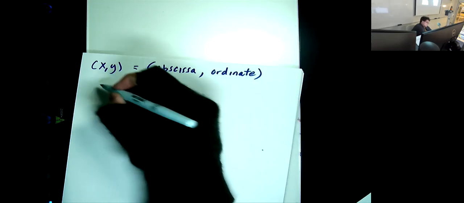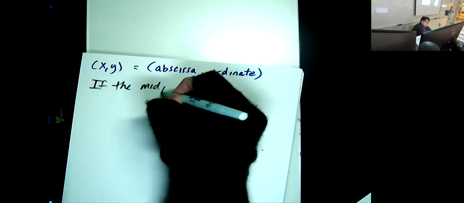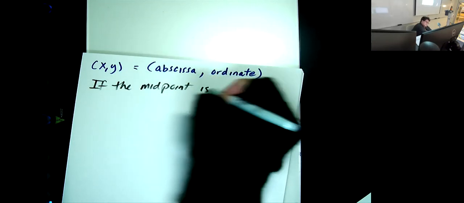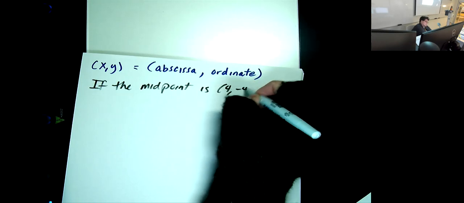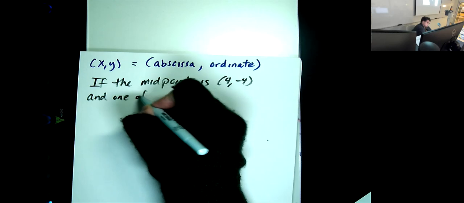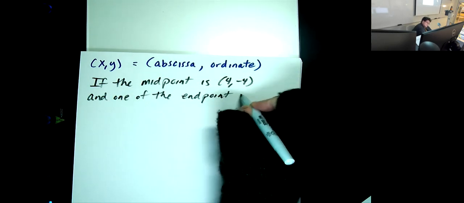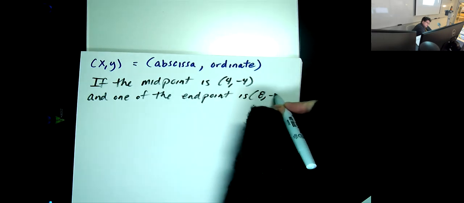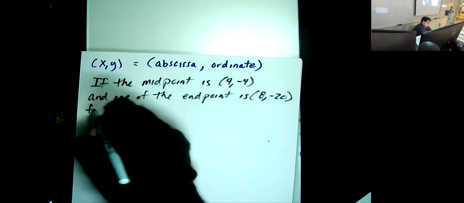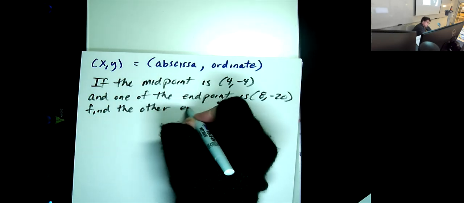So if the midpoint is 4, -4, and one of the endpoints is 8, -20, find the other endpoint.